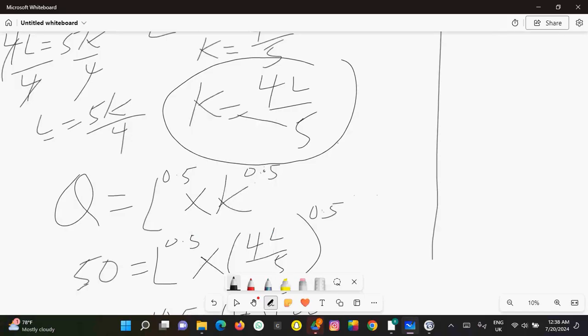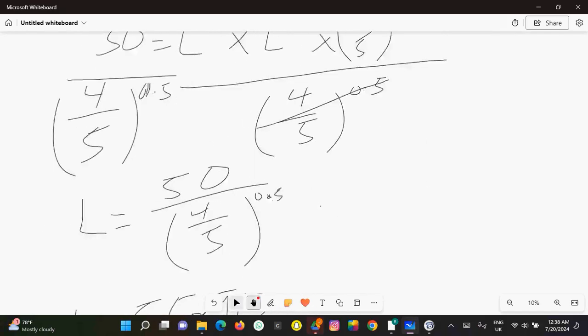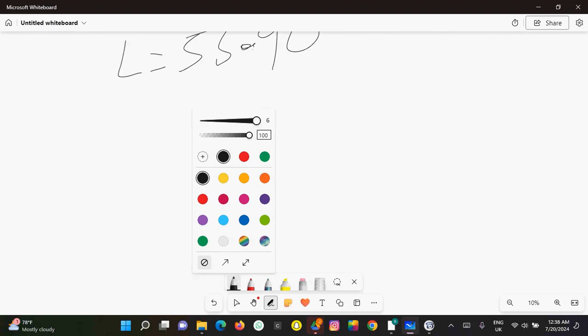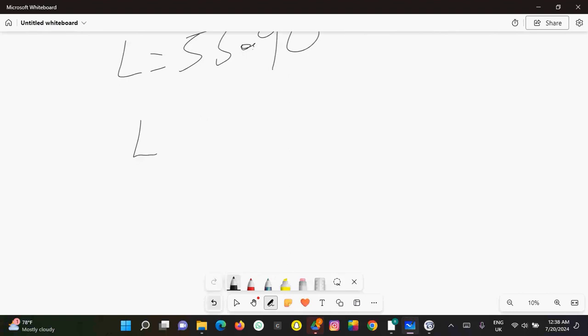So K is equal to 4L over 5. And then now we find L to be 55.90. So K is equal to 4 times 55.90 over 5.